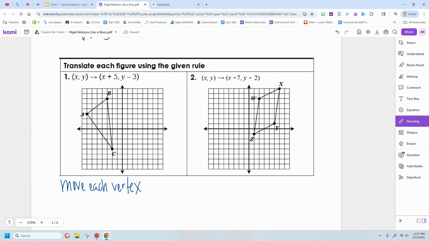So literally, I'm looking up here, and it says x plus 5, so I know that means right 5, and then y minus 3 means down 3. I usually start with the point that's farthest in the direction I'm going, and I'll just move B right 5, down 3, plot. Move A right 5, down 3. Does that make sense to everybody? Great. Turn the page.